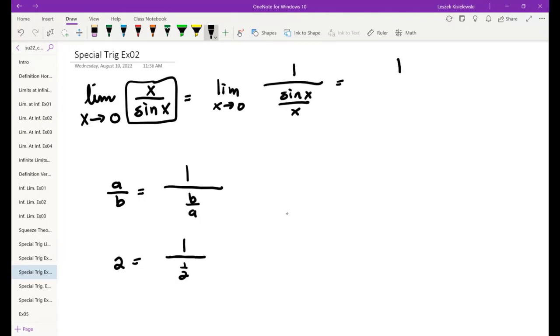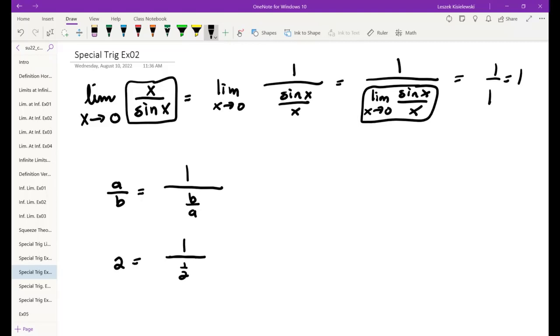And now the limit at the top is just 1, it's a constant. So we just have to focus on the limit at the bottom. But now you recognize this as our special trig limit, which will go to 1. So we just needed to point out that the limit of the reciprocal, sine x over x, is still 1, right? I mean, if this goes to 1, then why shouldn't its reciprocal go to 1 as well?